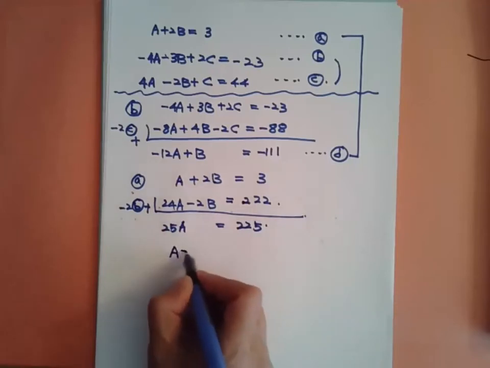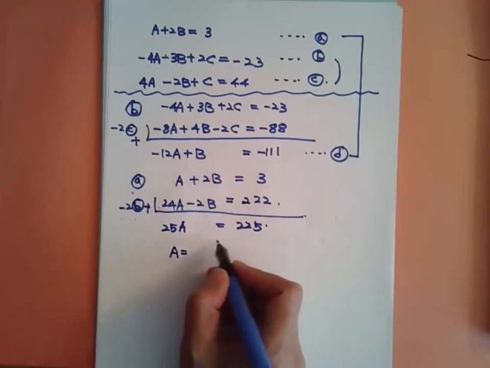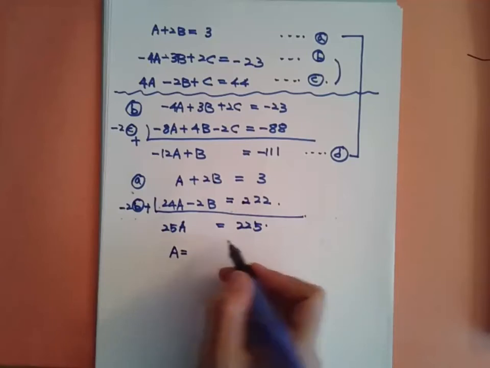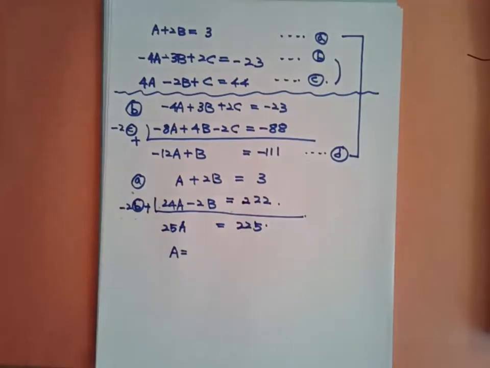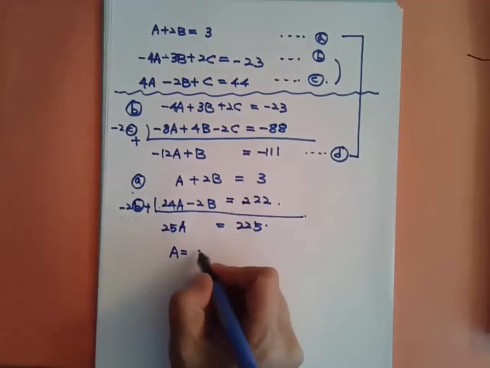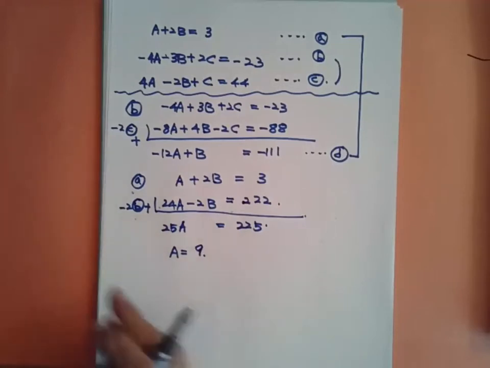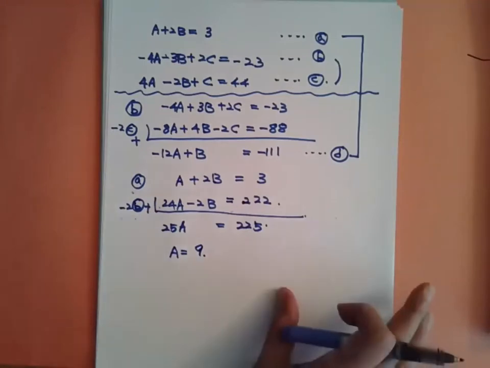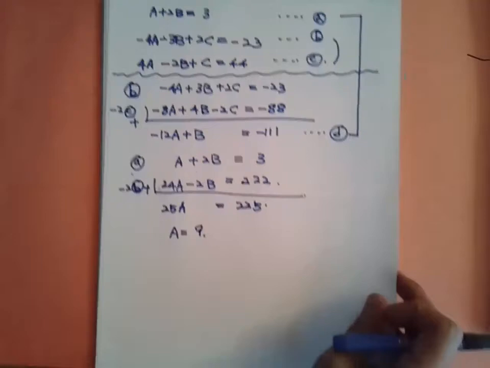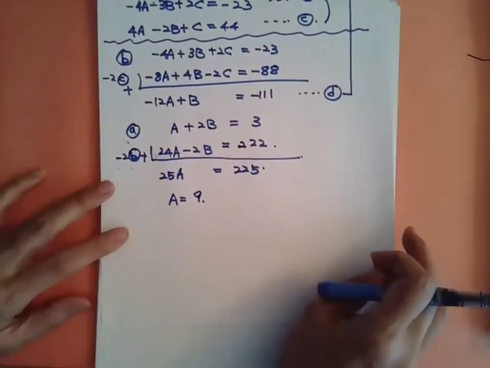So a equals, you just divide by 25 on both sides, then it becomes 9, because 250 is 10 times 25, and so 225 is 9 times 25.